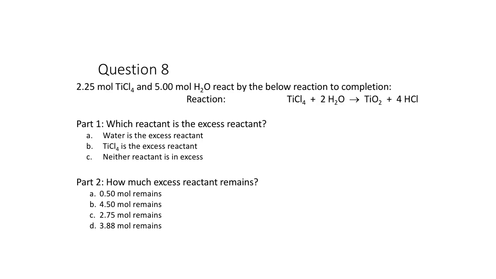Question 8 here. We have 2.5 moles of titanium chloride, 5 moles of water. So the same reaction as the previous page, but with some numbers thrown in. With the moles already given to us, now this is probably an easier BCA chart. So the reaction is allowed to react to completion. Which reactant is the excess reactant?